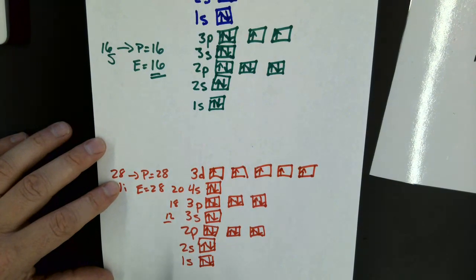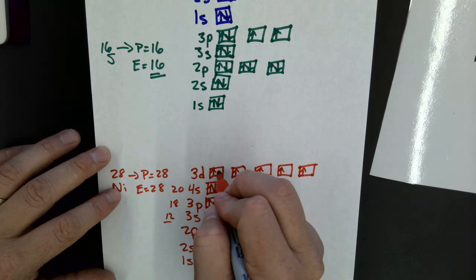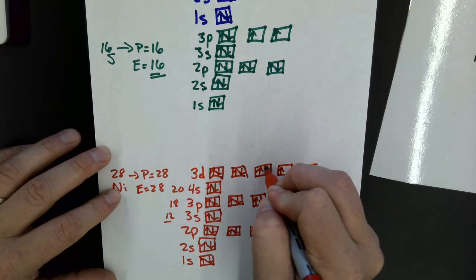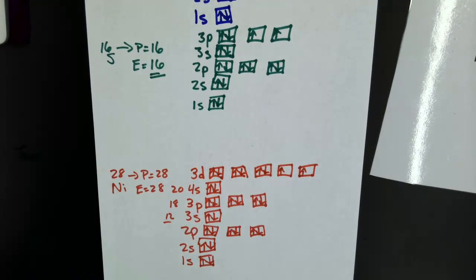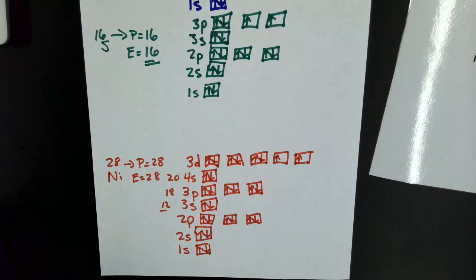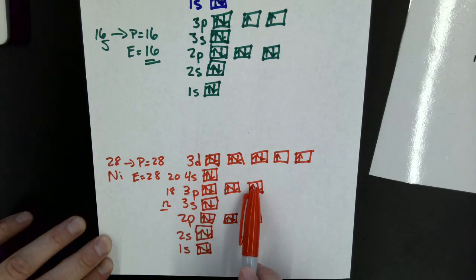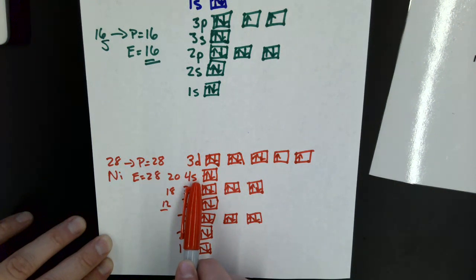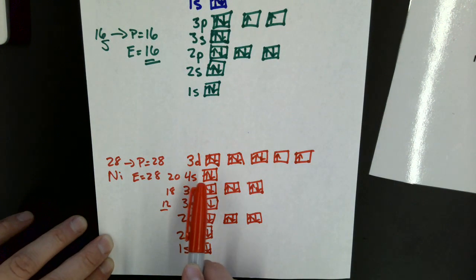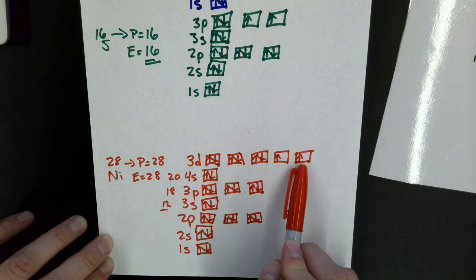Maximize our up spin first. 1, 2, 3, 4, 5. Now we need 3 more. Down, down, down. So this is what nickel would look like if it was filled out correctly for our orbital diagram. We have 1s, 2s, 2p, 3s, 3p. We bounce to 4s because it's got a lower need of energy than 3d, and then we came back in and filled in 3d from there.